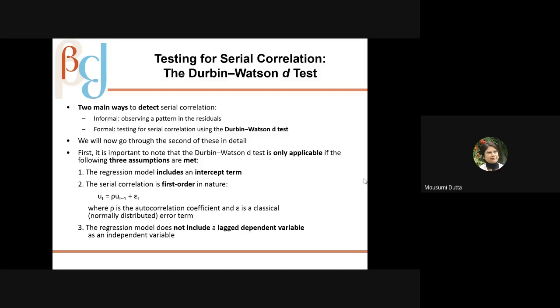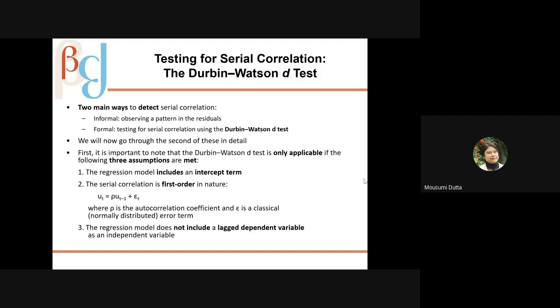Many a time we consider a simplified structure because we are interested only in beta, not in the intercept term. However, if you want to detect autocorrelation using the DW test statistic, it is important to have the intercept term in the regression equation. So if the equation is without the intercept term, we will not be able to apply the Durbin-Watson test.